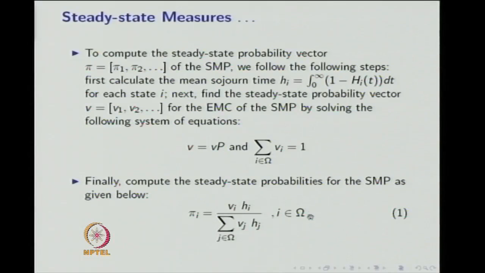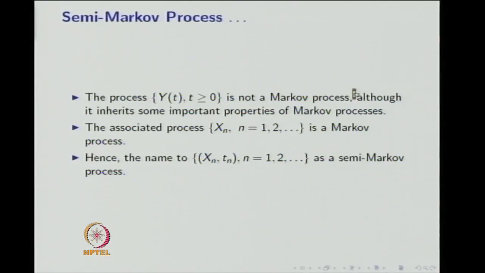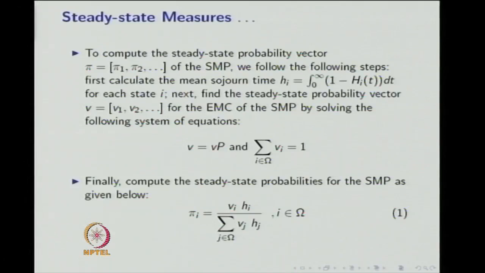Next, find the steady state probability vector V i's for the embedded Markov chain of the semi-Markov process. First we have to find the steady state probability vector for the embedded Markov chain, and using this vector and the mean sojourn time, you can get the steady state probability vector pi.